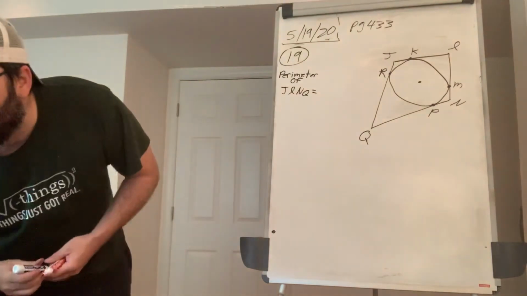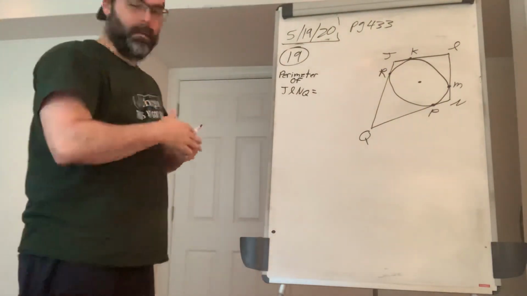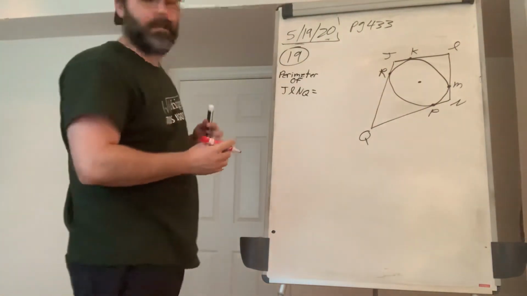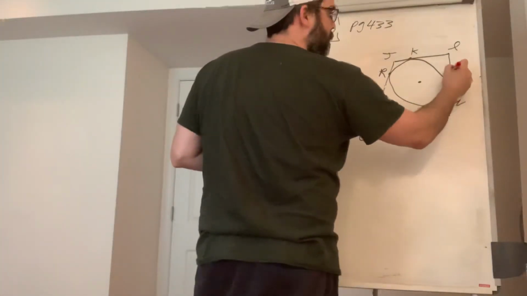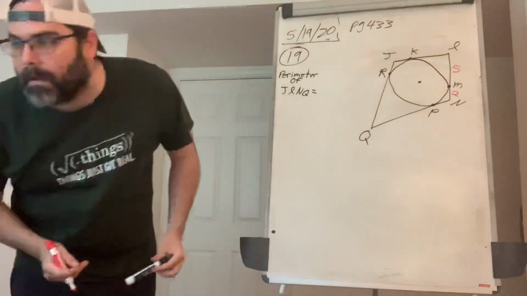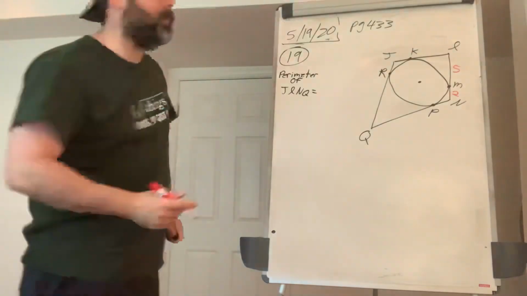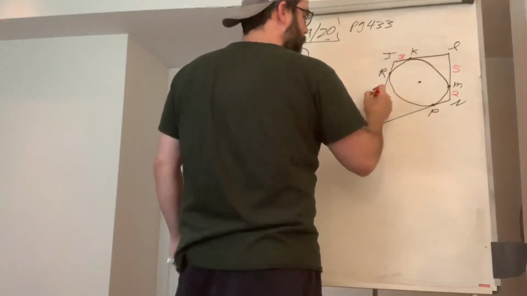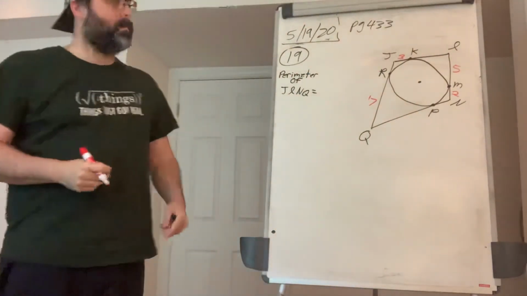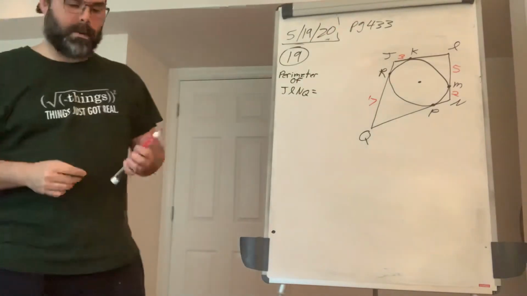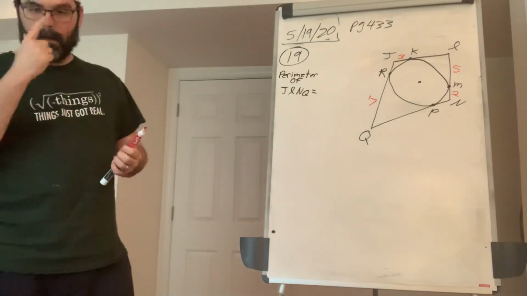And we know that that's 2, 5, 3, 7. Okay, so our job is to find the perimeter of this. Now we're going to use what we know about the second theorem we learned.